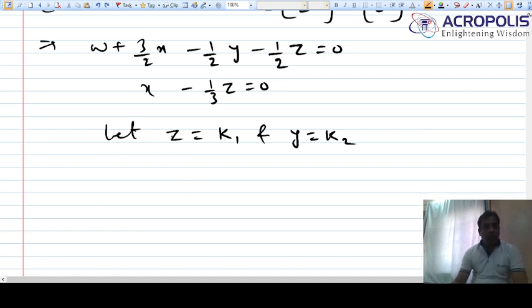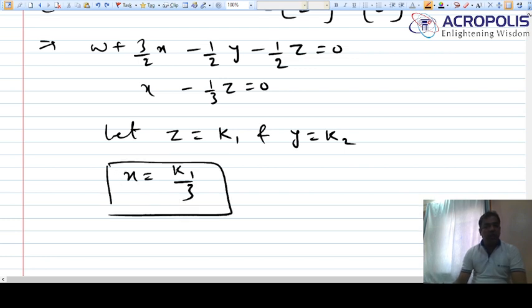So on putting this z in this equation, we get x equal to k1 by 3, and putting these x, y, z in equation number 1, we'll get w plus k1 upon 2, that 3 will be cancelled out, minus k2 upon 2 and minus k1 upon 2.